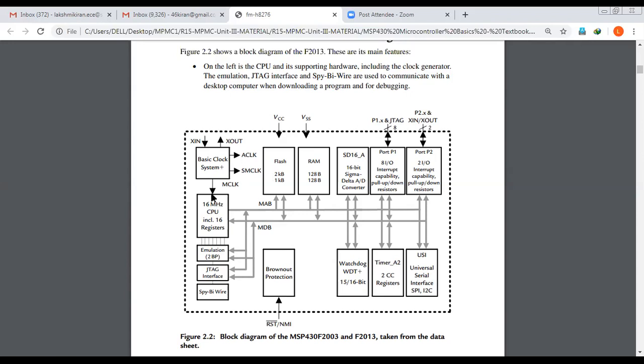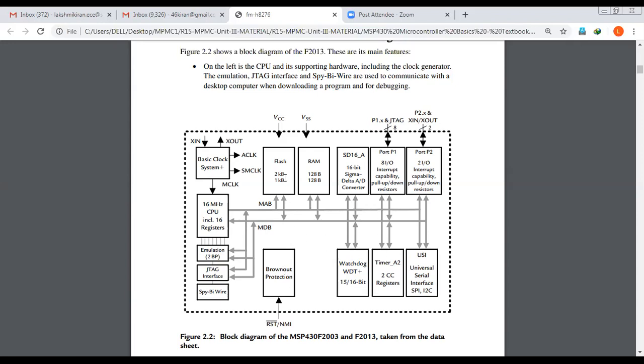And other than this, we have MAB and MDB, where MAB is the memory address bus and MDB is the memory data bus. For dealing with address and data, these two buses are there, and they interface the CPU with various memory and peripherals of the microcontroller that you are observing here.